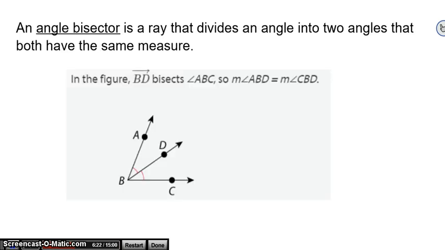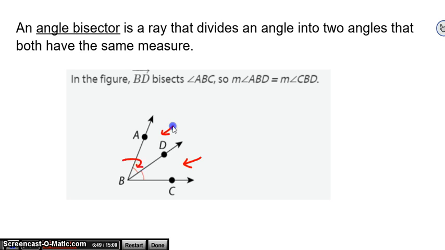An angle bisector is a ray that divides an angle into two angles that both have the same measure. In this figure, BD bisects angle ABC, so the measure of ABD is congruent, the same measure as angle DBC, which is what these little marks mean.